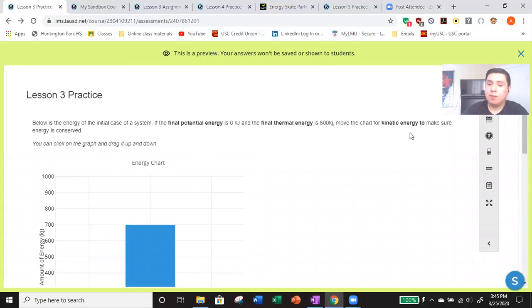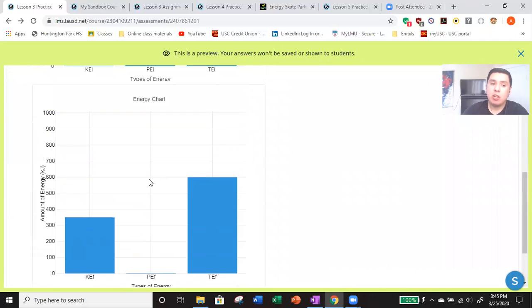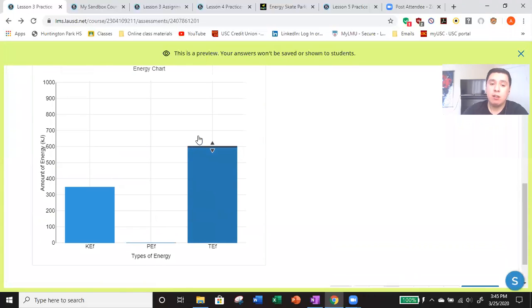And then the final potential energy is 0, so this should be down here, 0. So now we need to make sure energy is conserved. If there was 1,000 total, and now there's 600 thermal energy, how much kinetic energy must there be for the total to be 1,000? Well, 1,000 minus 600 is just 400, so you just drag it up to 400.